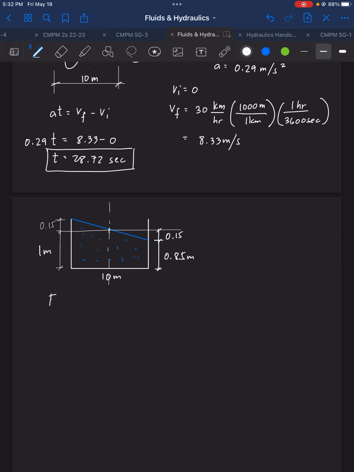So force is FV, and that is gamma volume, right? So we need to find what is the volume of the water here. Okay?